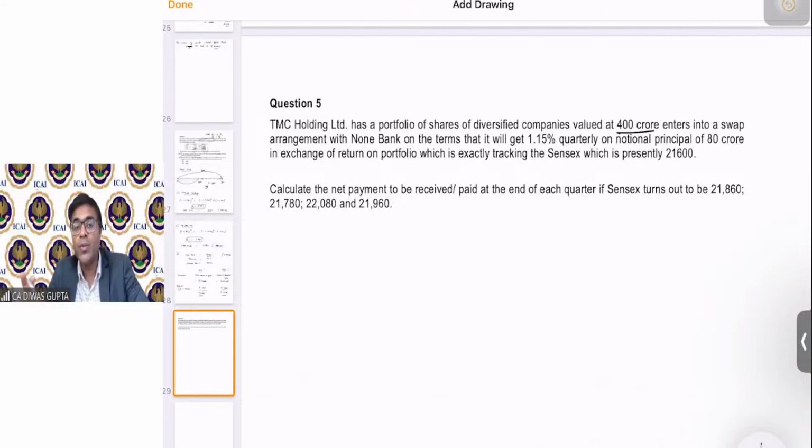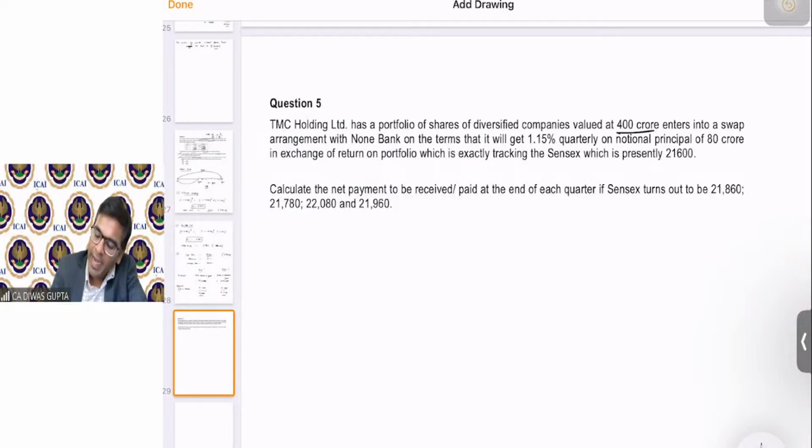Before introducing to you the concept of swap, let's just try to attempt this question, so that you will get to know how the question goes for a swap. I will take up in the next session the exact way how it is derived. But in this case, it is very easy. Let us take it through.